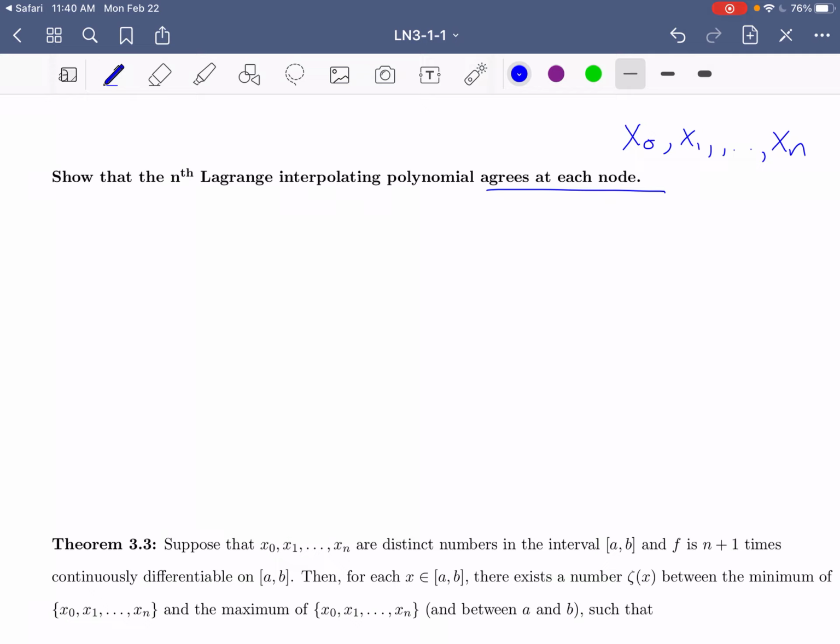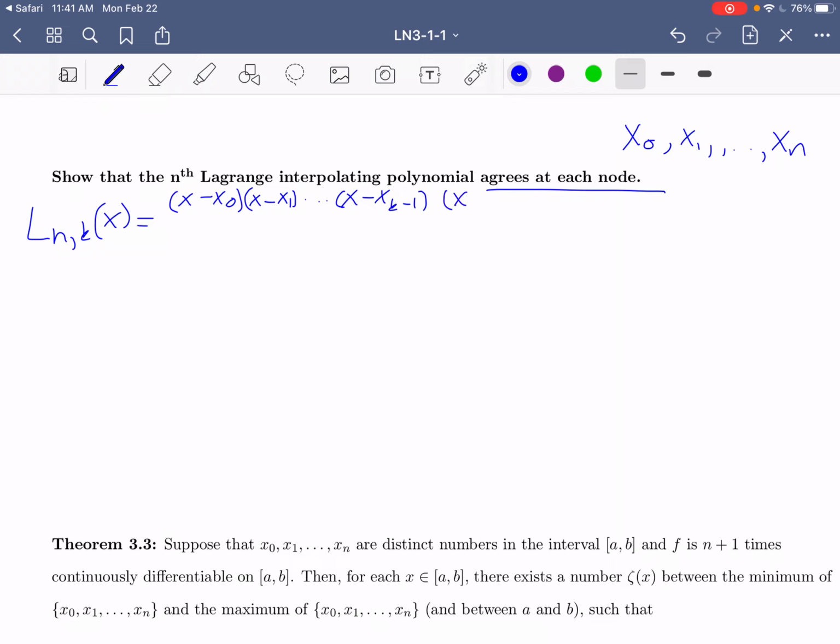So remember, our nth Lagrange interpolating polynomial is built with these building blocks, where L_{n,k} has x minus x0, x minus x1, up through x minus x_{k-1}.